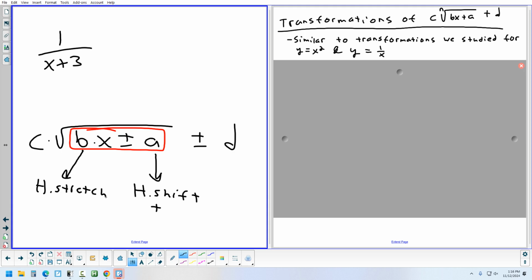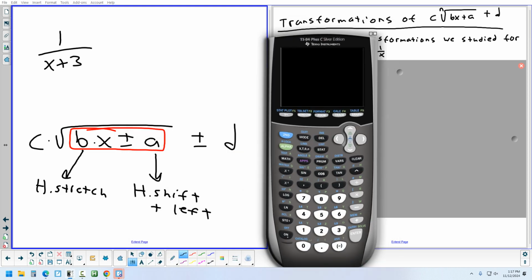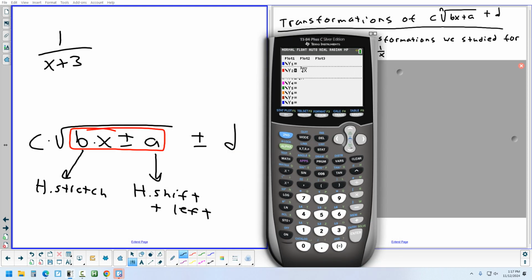Let's talk a little bit more about each one. So for the shift, when you add a number, adding is going to move it to the left. Okay, I can show you. Just graph the square root, and then graph the square root of x plus 2.